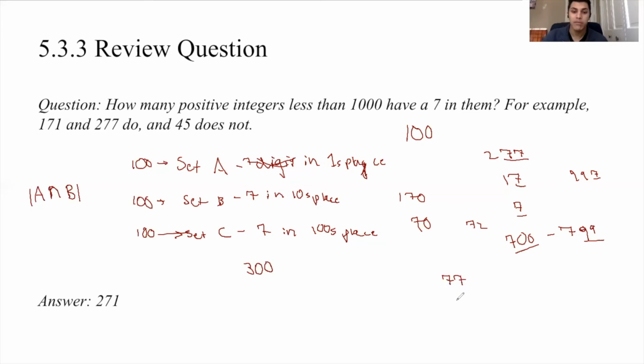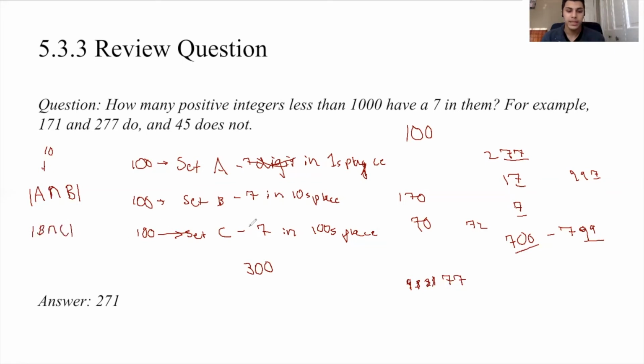The number 77, then we have 177, 277, 377, and so on. And we'll eventually get to 977, and if you count those all up, that gets you to 10 numbers total that end in 77 below 1000. So 10 numbers here.